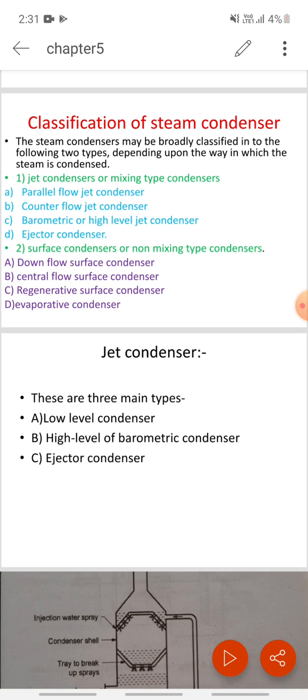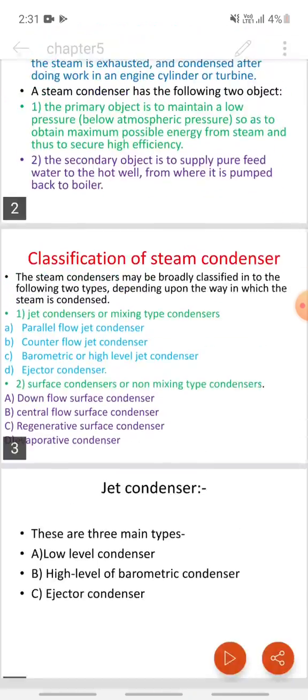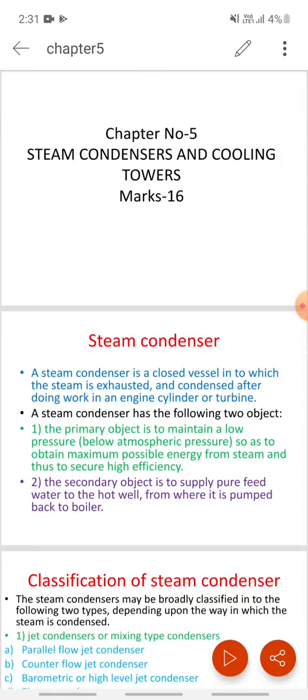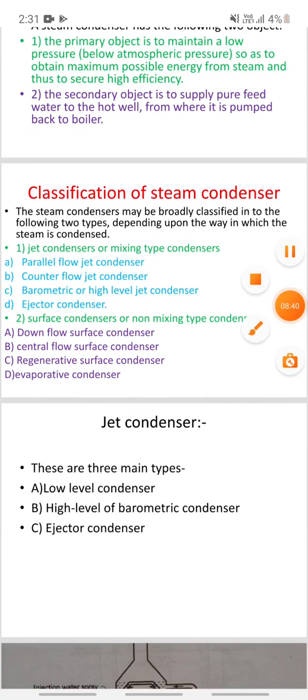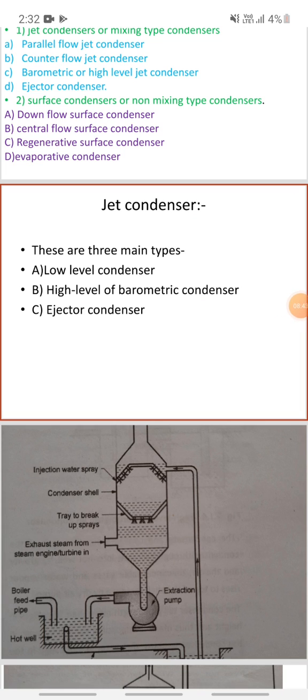This condenser has the advantage that the condensate is not thrown to waste but is returned to the boiler, as there are no impurities in the condensate. That is why surface condenser is also known as non-mixing type condenser.